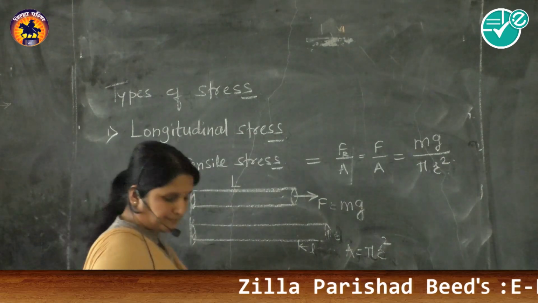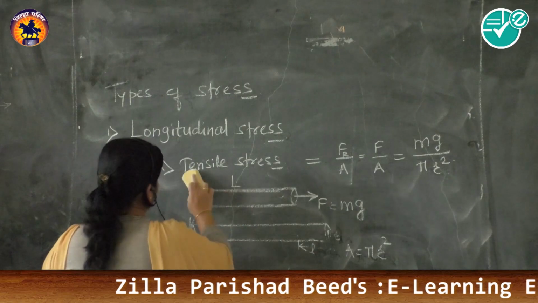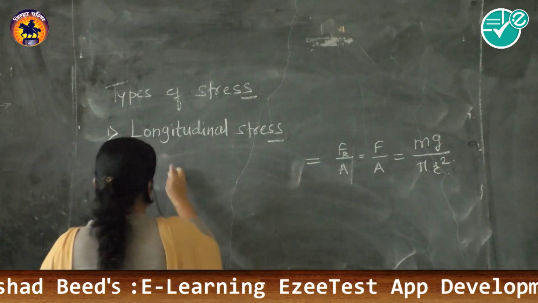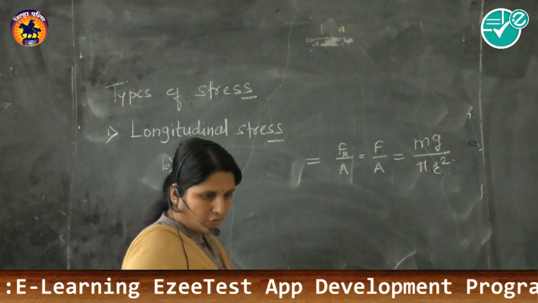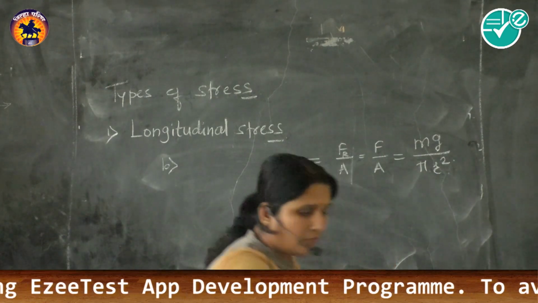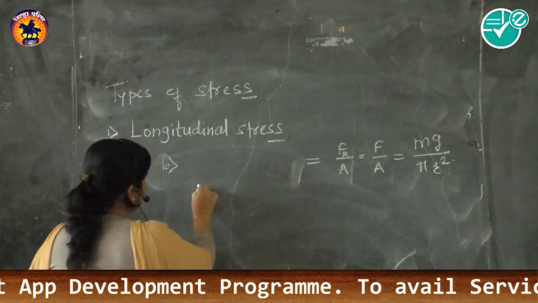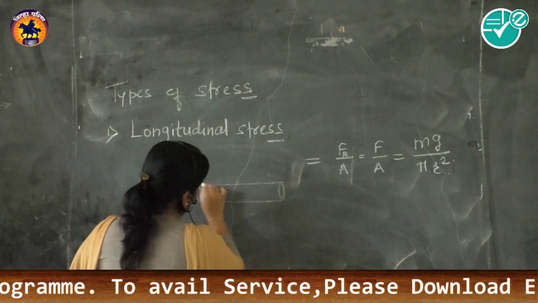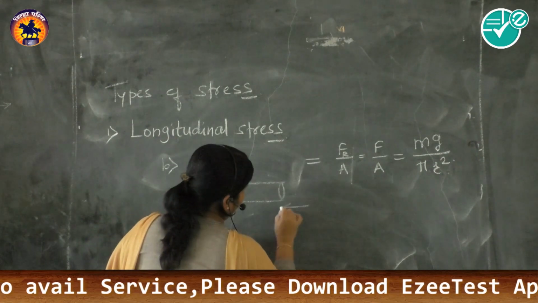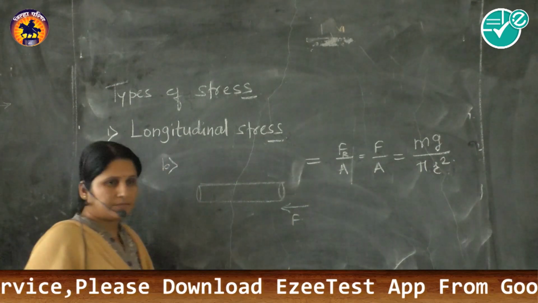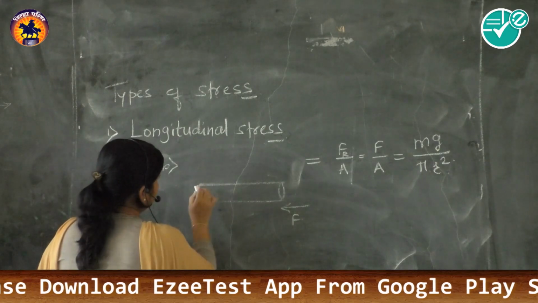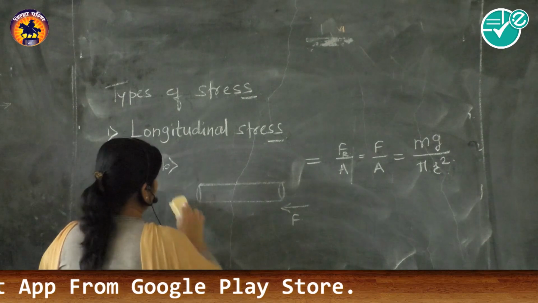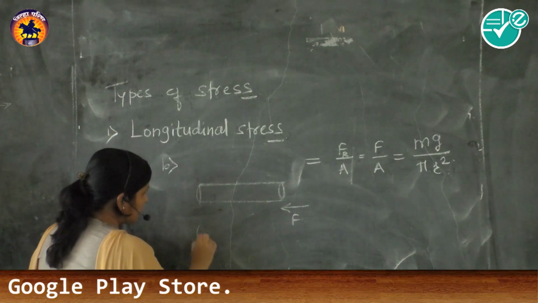Now, if same rod is taken and we apply force to this wire or rod in this direction. Now suppose that this end is again fixed. Now what happens?